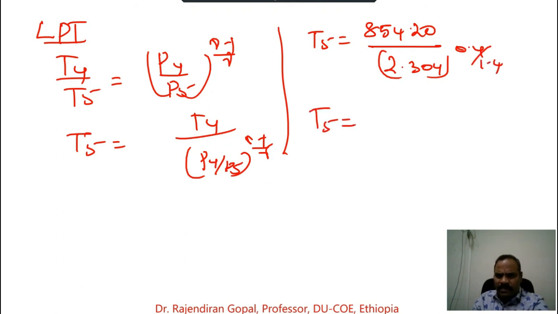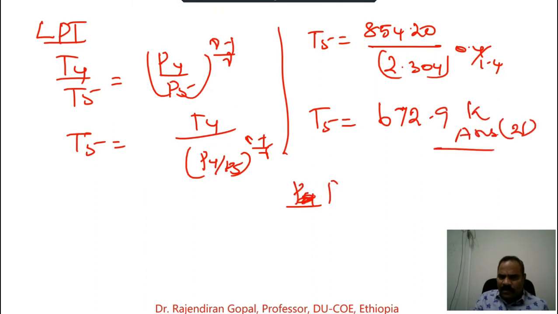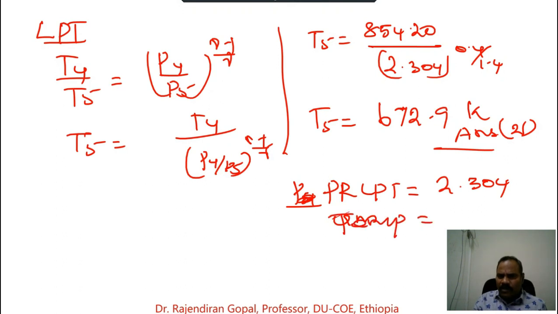T5 is equal to 672.9 Kelvin, answer 2. So the pressure ratio of low pressure turbine is equal to 2.304 and the temperature leaving the unit is equal to 672.9, that is equal to 673 Kelvin.